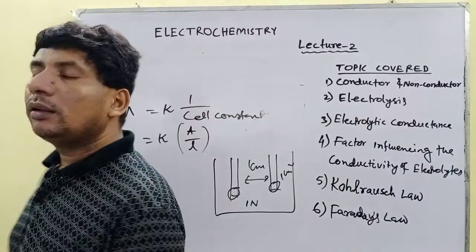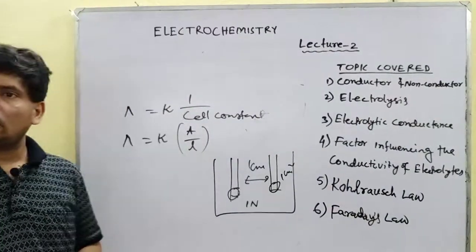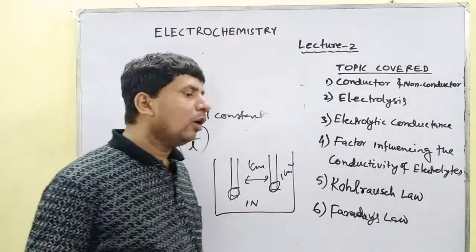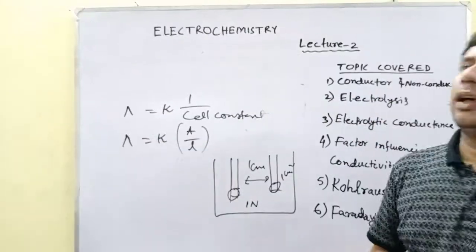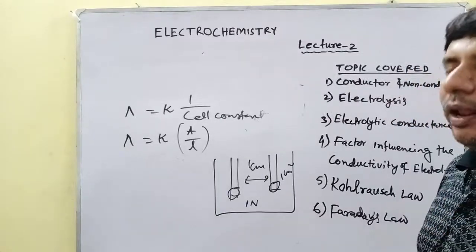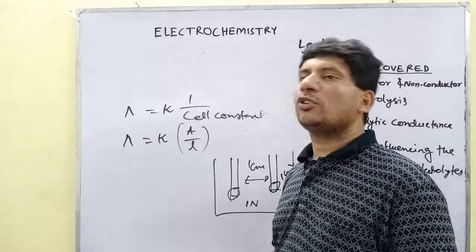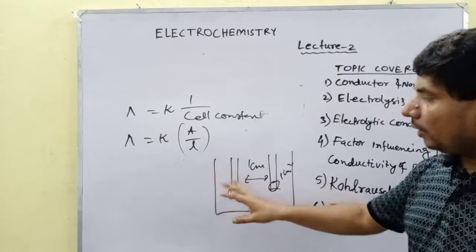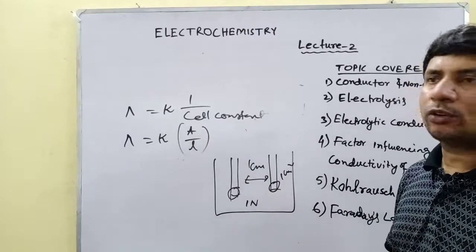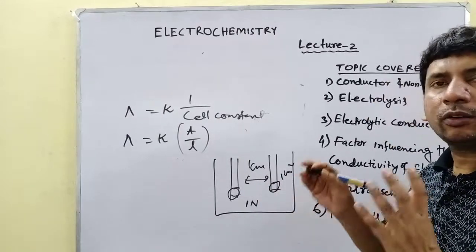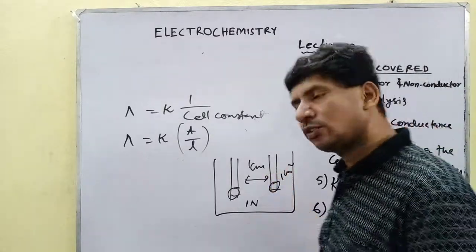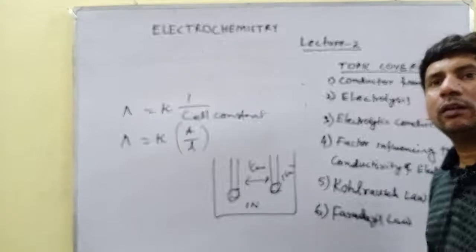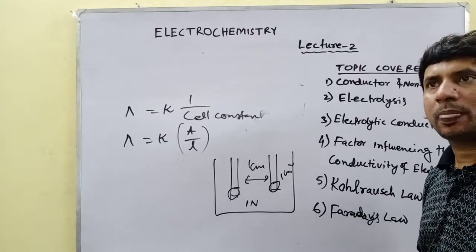Then the conductance of the solution is known as equivalent conductance. That means when an equivalent amount of the electrolyte is dissolved in 1 liter solution, the distance between the two electrodes is 1 centimeter and the cross section of the electrode is 1 centimeter square, then the conductance of the solution is known as equivalent conductance.